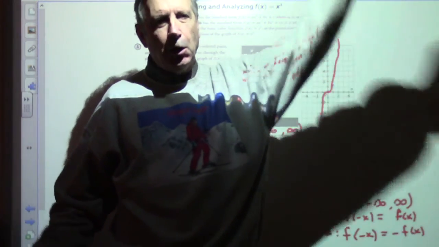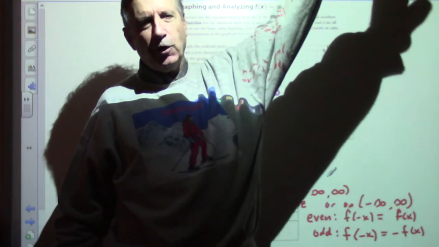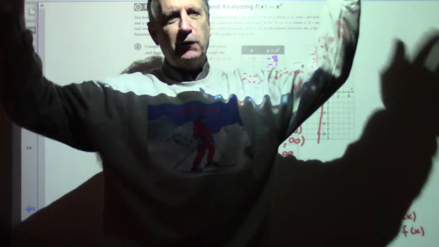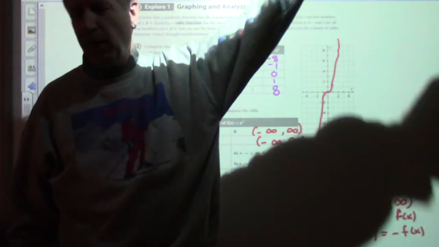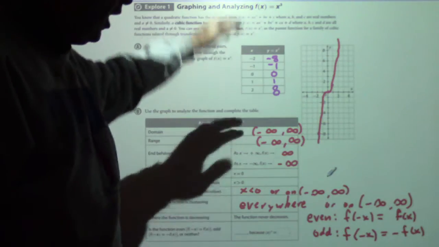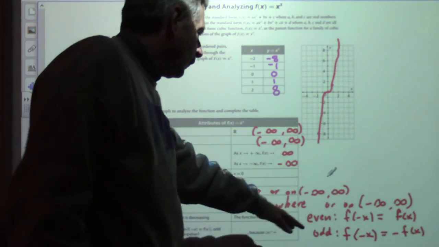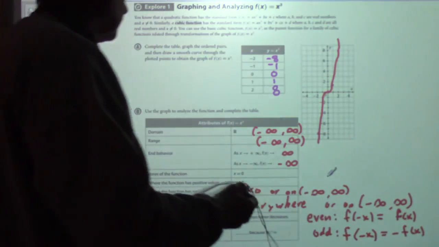They were going odd, even. So is this one here going to be odd or even? Odd. It's going to be odd, right? And it's odd, according to the textbook definition, because f of negative x equals negative f of x.